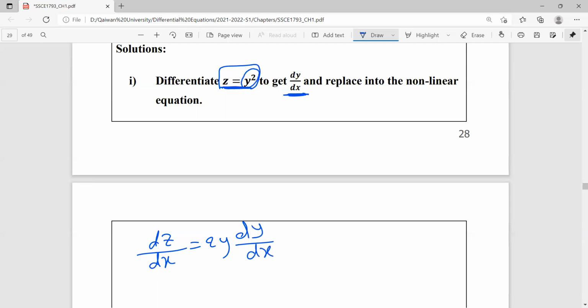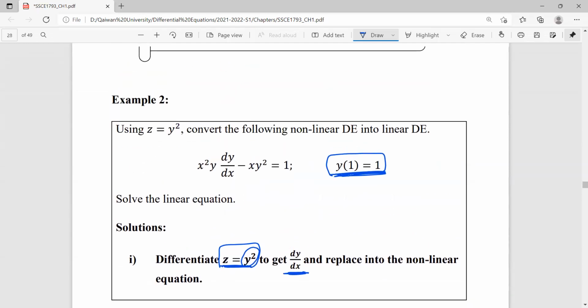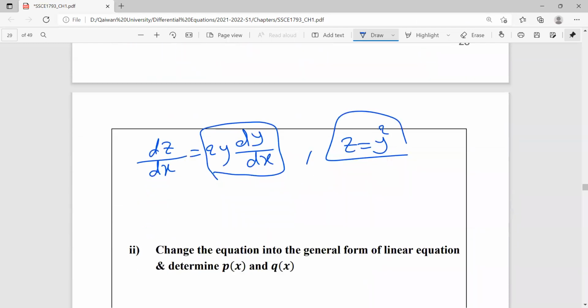This is a dependent function, so we use implicit differentiation. Also z equals y squared, so you replace each y squared by z, and each 2y dy by dx by dz by dx. Or we can say a half of dz by dx equals y dy by dx.